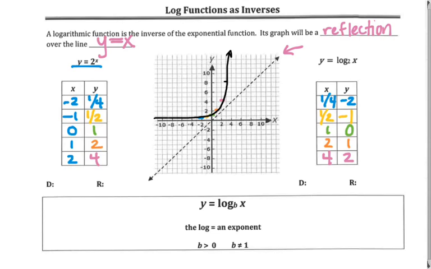So what we're going to do is graph these ordered pairs and see that they are indeed a reflection over the line y equals x. So when I graph 1/4, negative 2, I'm going to be right about here. When I graph 1/2, negative 1, I'm going to be just a little bit above that.